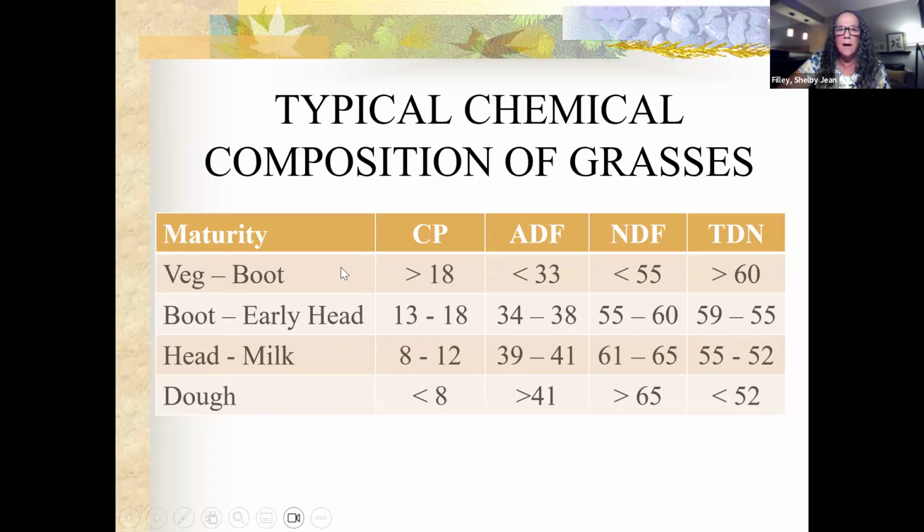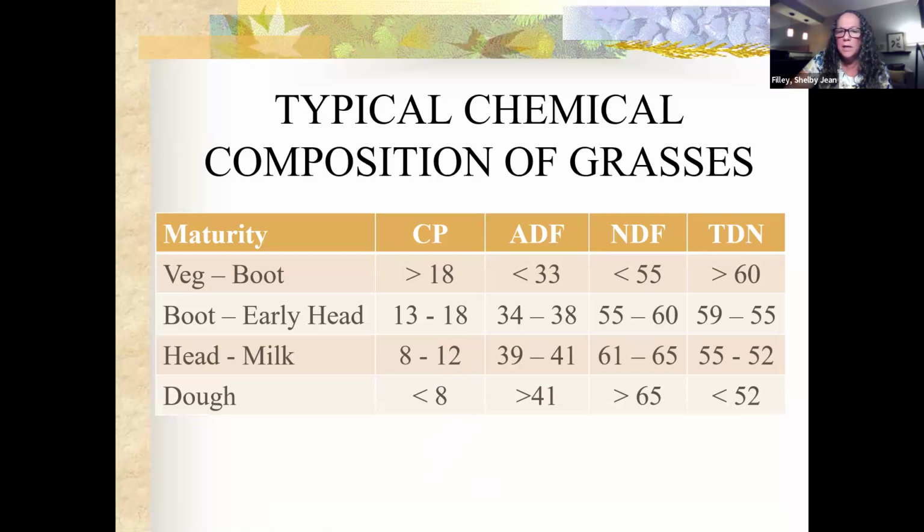And in the very young vegetative grass, crude protein can be greater than 18%. But as it goes up in maturity, the boot to early head, it's 13 to 18% crude protein. And the head out, it's 8 to 12. And once you get to the dough stage or very even hard seed, it's less than 8% crude protein.